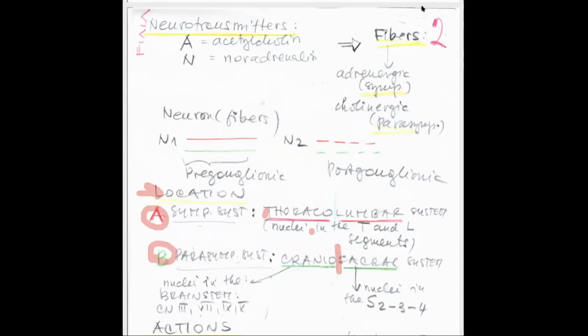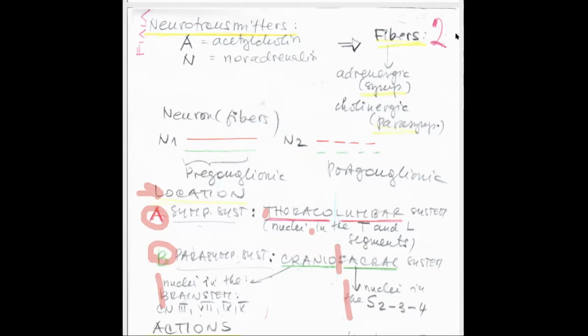Again, two halves, cranial portion and sacral portion. In the cranial portion, the nuclei are situated in the brainstem, and we will name them again, the nuclei belonging to the nerves number 3, number 7, number 9, and number 10, while the sacral portion contains the nuclei in the segments S2, S3, and S4.